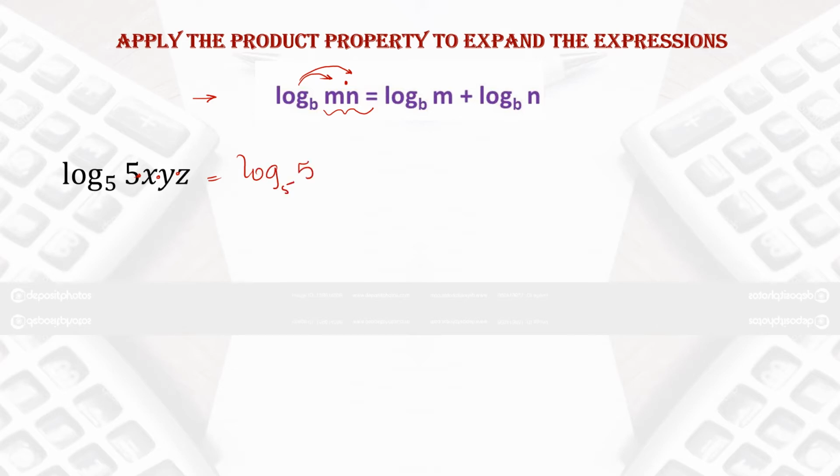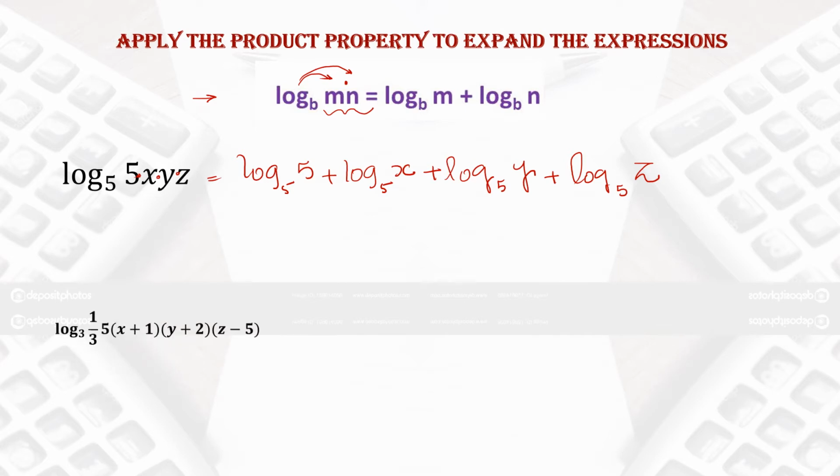Since they all are multiplying, you will use the plus sign in order to separate them. Then you will write log base 5 of x plus, because they are multiplying, then again you will write log base 5 of y and then plus log base 5 of z. So this is how you can expand the logarithmic expression.